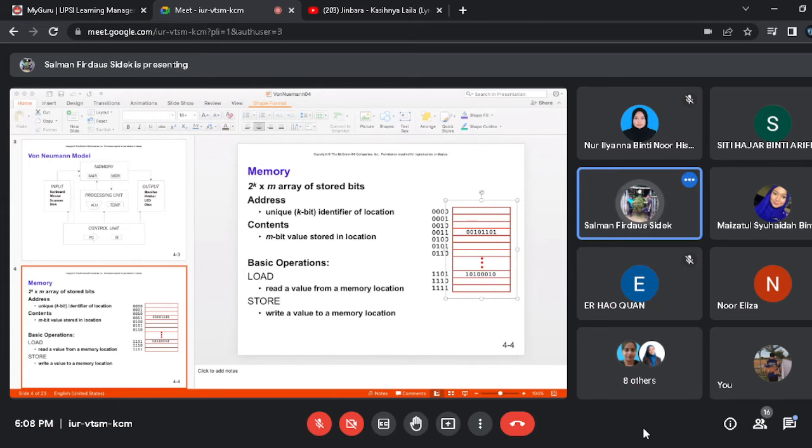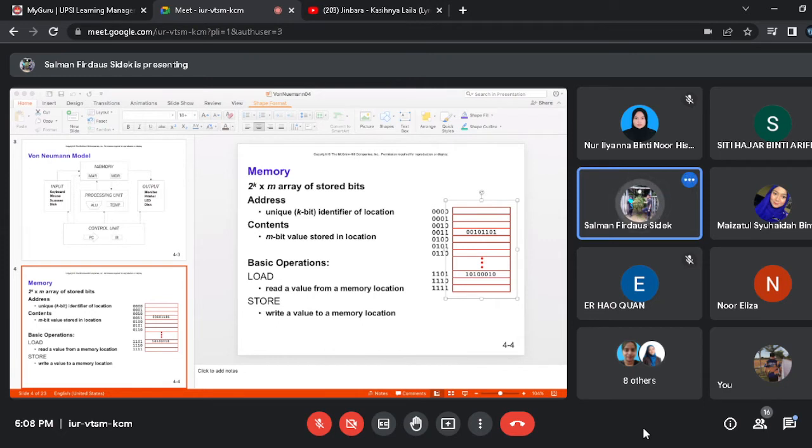So if you want to keep the data, keep the data from CPU to memory, not from memory to CPU. That one is send.